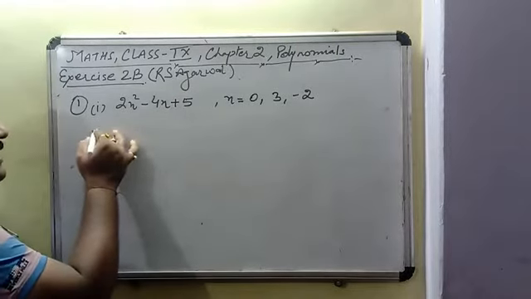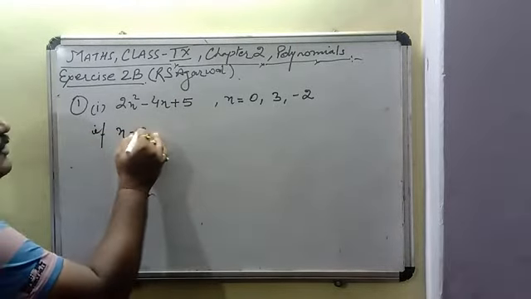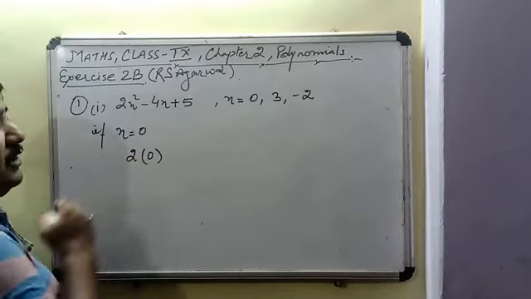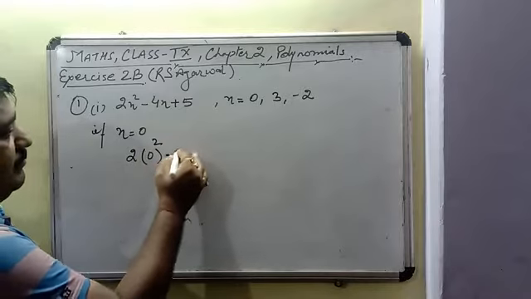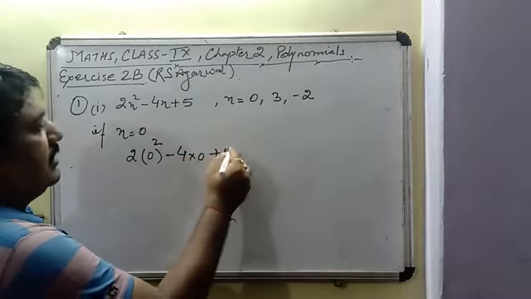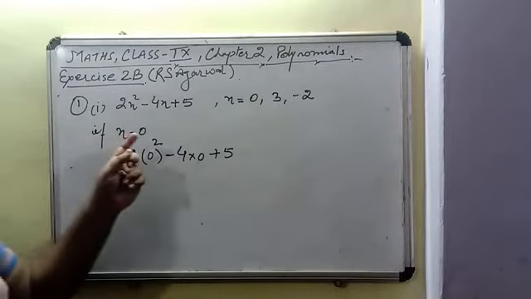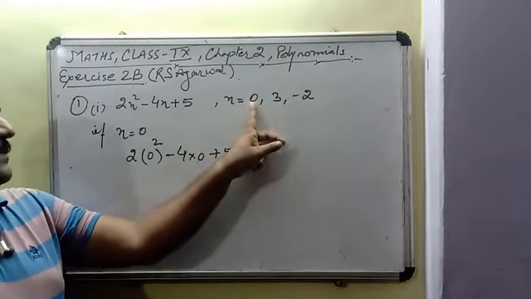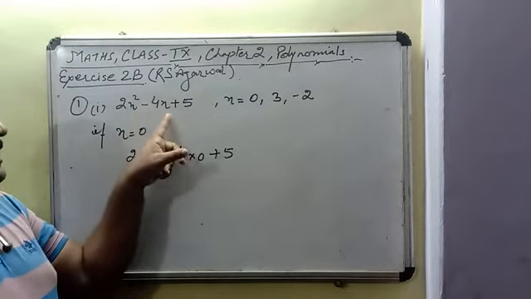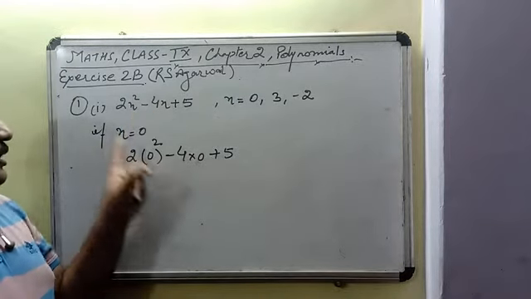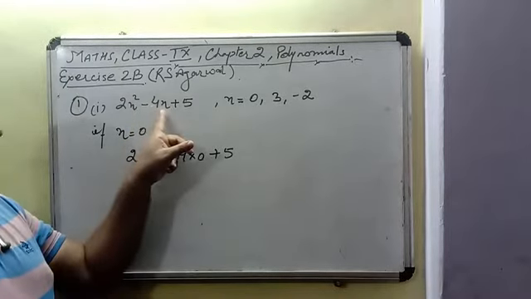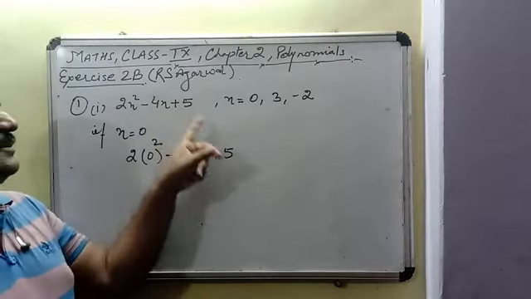So if x equals to 0, then what will happen? We will put 0 instead of x. See here, I have kept 0 in the place of x. Whenever x was placed in the given polynomial, I have kept 0 over there. 2x square means 2 into 0 square, minus 4x means 4 into 0, and plus 5.